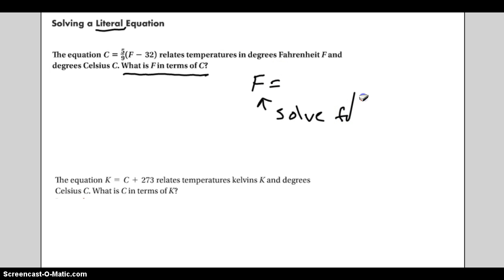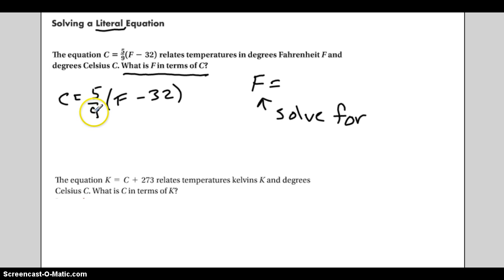So let's first write the equation. Now the craziest part about this equation is this 5/9.